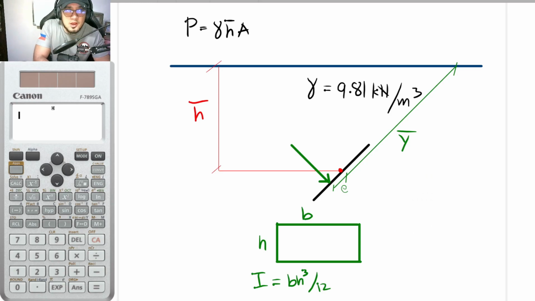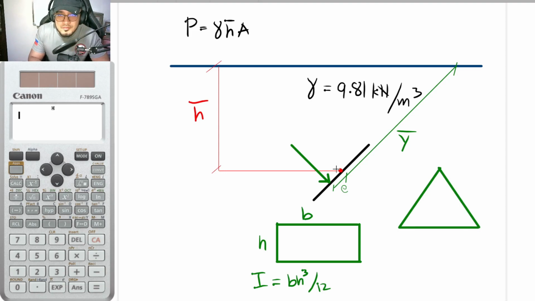When it is triangular, its center of gravity is not located along the midspan. Because as we know, if you have a certain triangle, its centroid is located 2/3 from the top and 1/3 from the bottom. So it is located at this particular point, and this is now 1/3 and this is now 2/3 of the whole height.